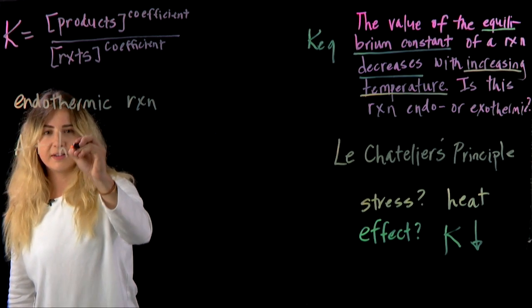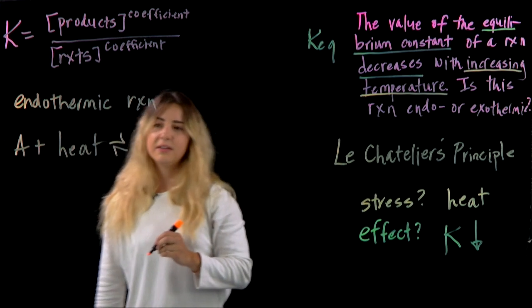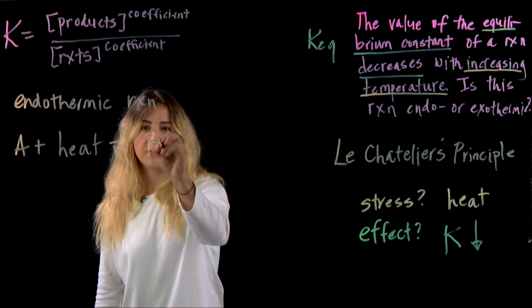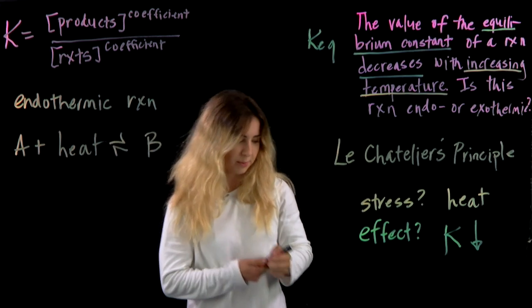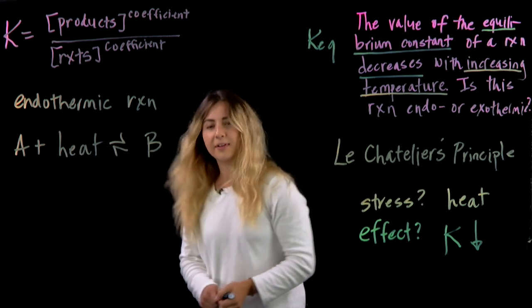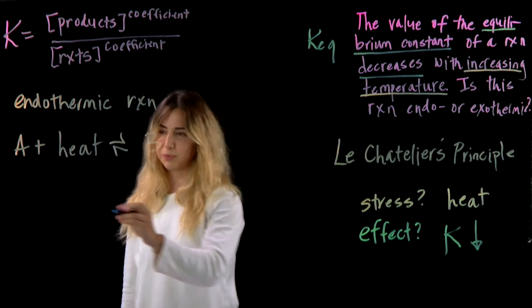So I'm going to say some chemical, A, plus heat is in equilibrium with our product, B. That's our endothermic reaction. And then we have an exothermic reaction, which is just the opposite, produces heat.